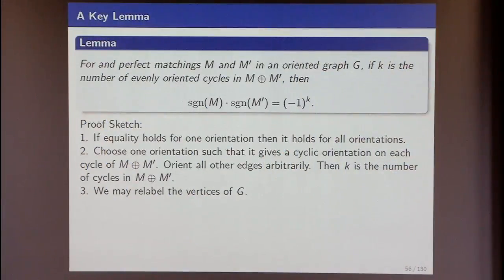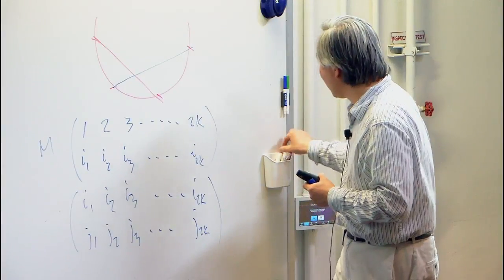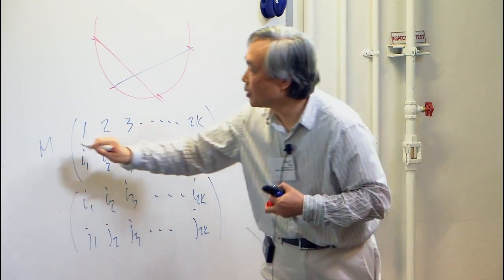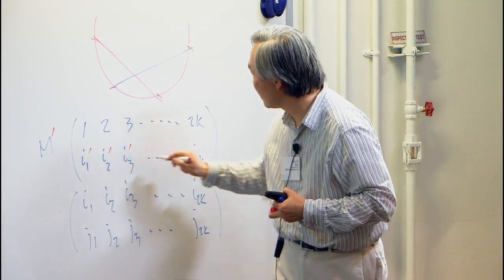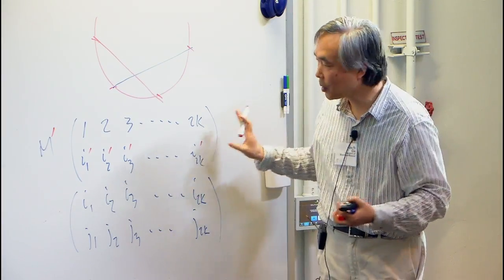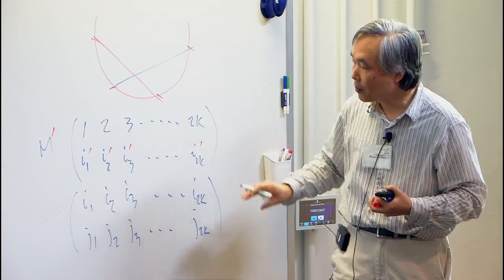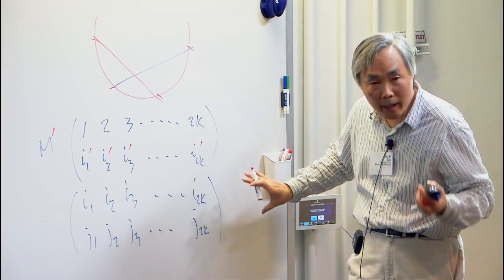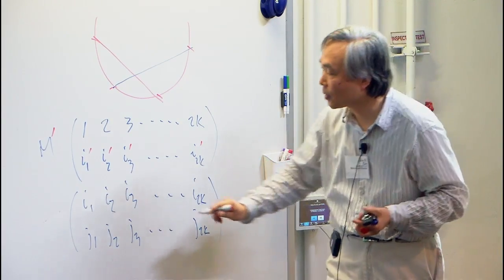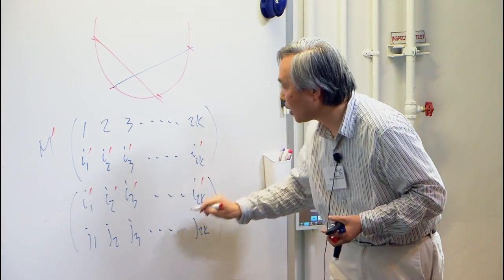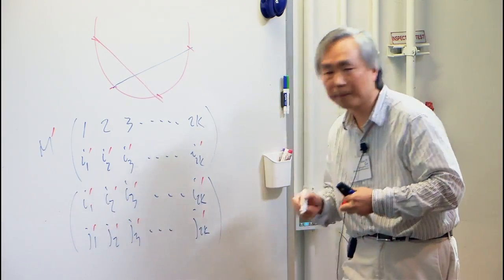Well, you now have an M prime, and for the M prime, you actually have a different way of writing the permutations, right? But now you use the same relabeling permutation, writing it according to how the M prime is.